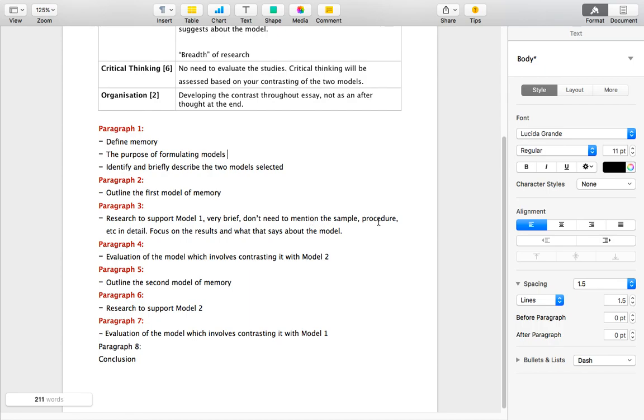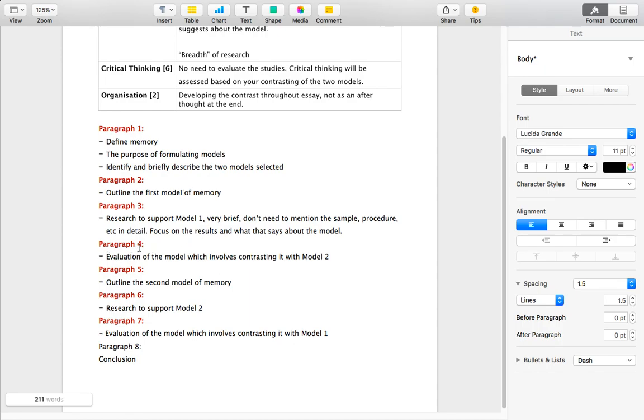You do not need to mention sample and procedure in too much detail. And again, I would almost use two researches if I could, to use the results from it to support the idea that there are multiple stores or multiple components of memory. Okay, so focus on the results and how that relates to the model.